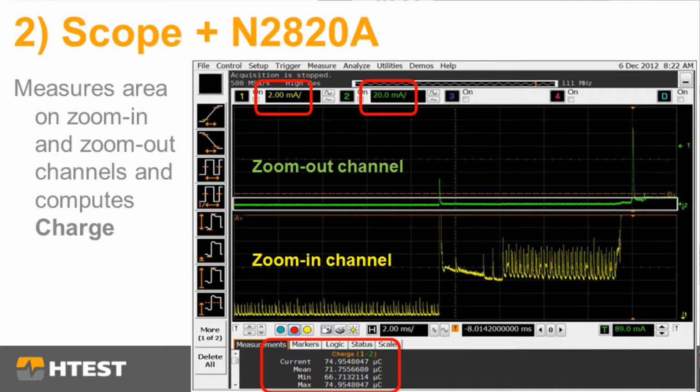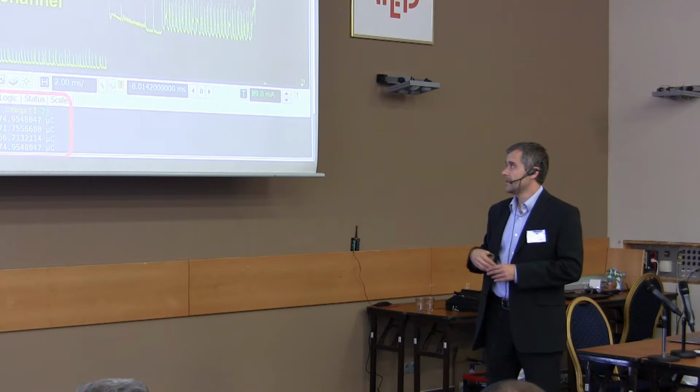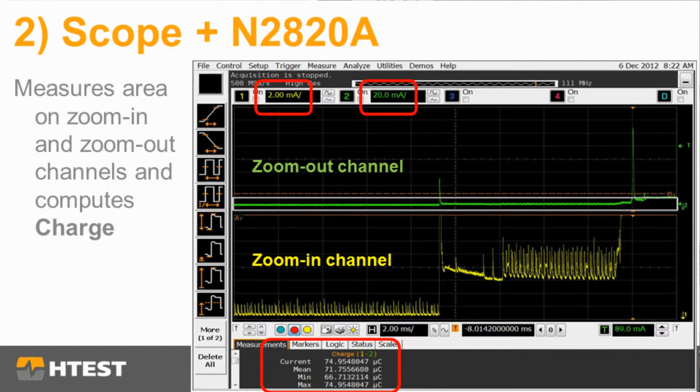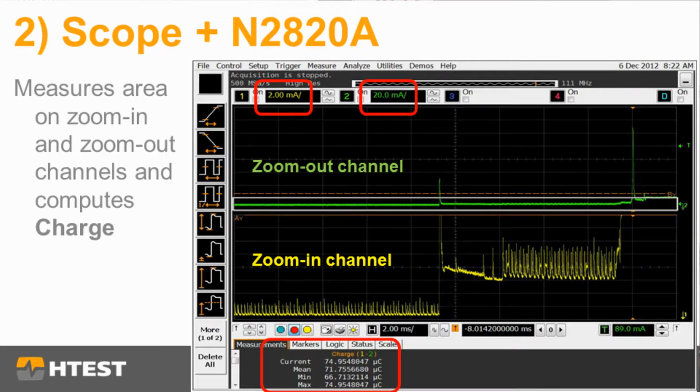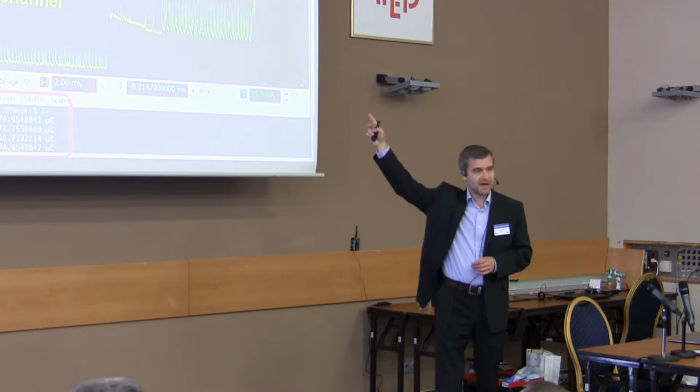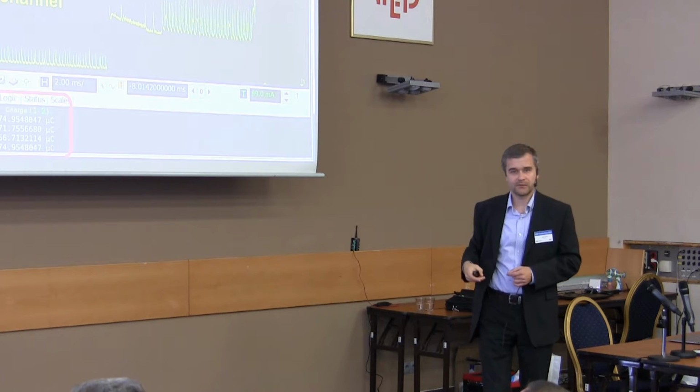This is an example of an oscilloscope screen where you see the 2-channel version of the probe. The yellow one is zoom in, so you see details, and the resolution is 2 milliamperes per division. The green channel is zoom out, and there are 20 milliamperes per division, so you can see only big spikes, big peaks of current.